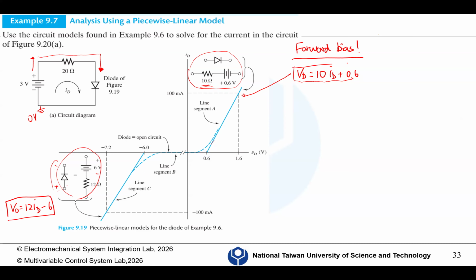So you have the line equation, and then you need to write another equation from the configuration of the circuit. Suppose we have ID and we know the direction of the current. Here we have positive, negative, 20 times ID. And for the diode, we have positive, negative, VD.